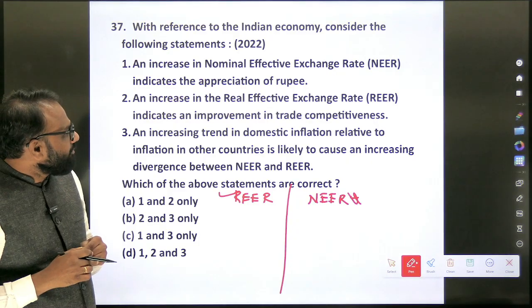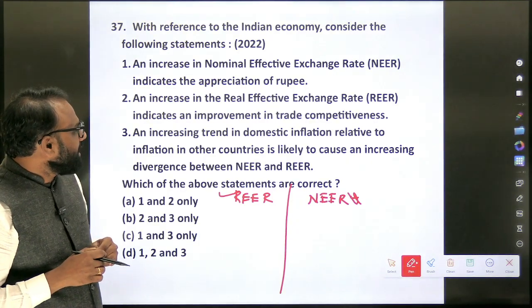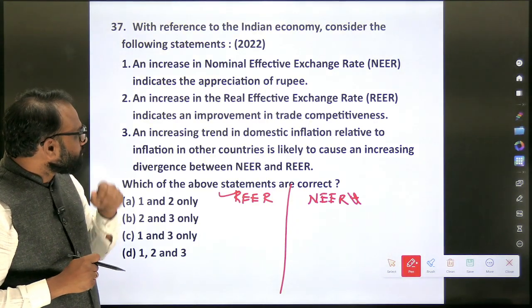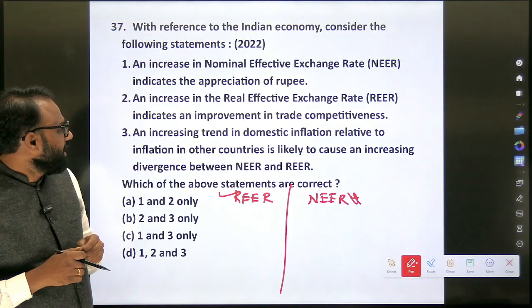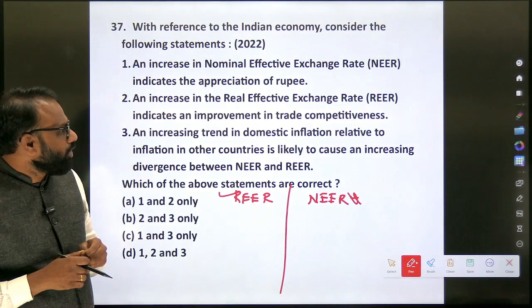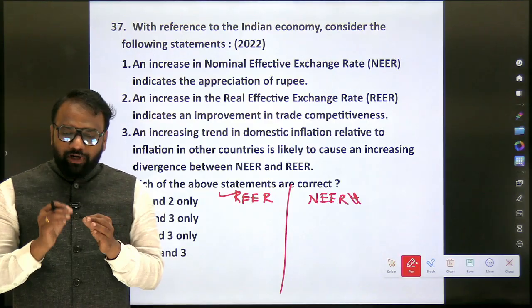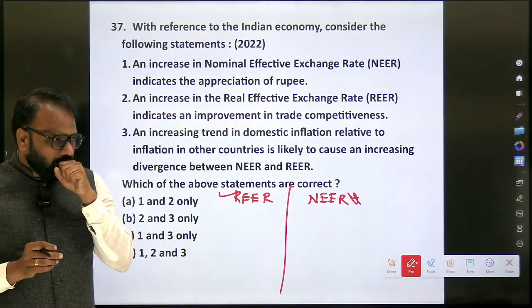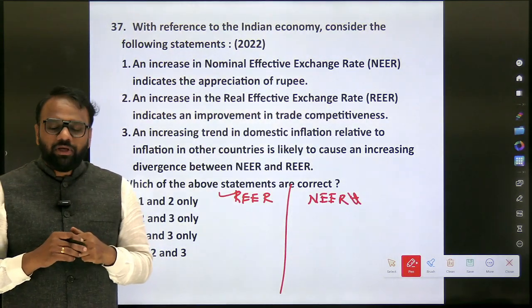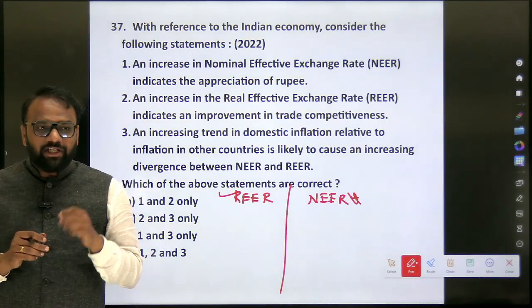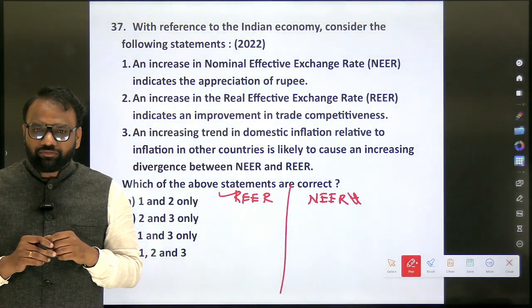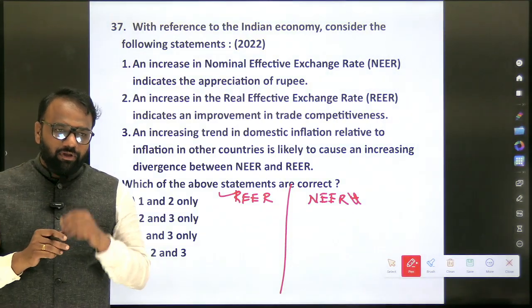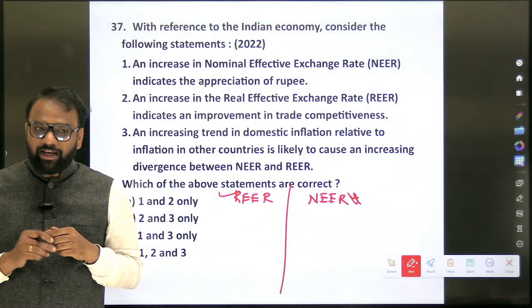An increase in nominal effective exchange rate indicates the appreciation of rupee. An increase in the real effective exchange rate indicates an improvement in trade competitiveness. When it comes to trade competitiveness, generally which one will we use, NEER or REER?